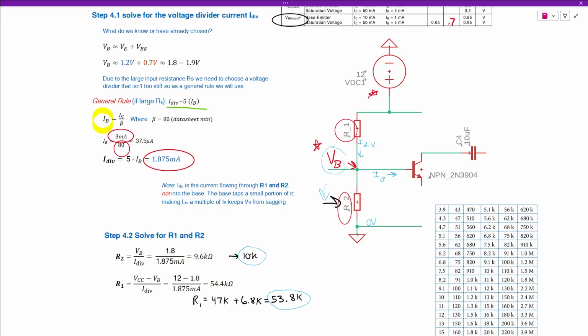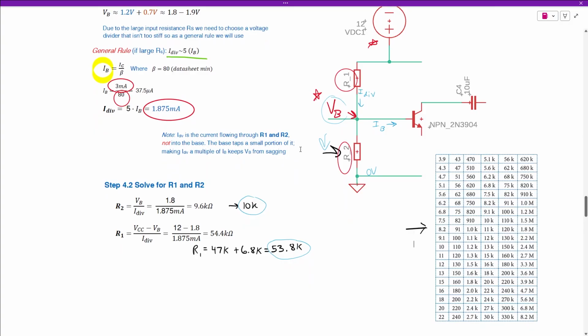So there is no 9.6 kilo ohm resistor. We come over, we consult this table. This table is just common resistor values. And we see that 10K is about the closest we can get. So we choose 10K. Again, we're designing, this isn't a math problem, so we have to use realistic real-world values.